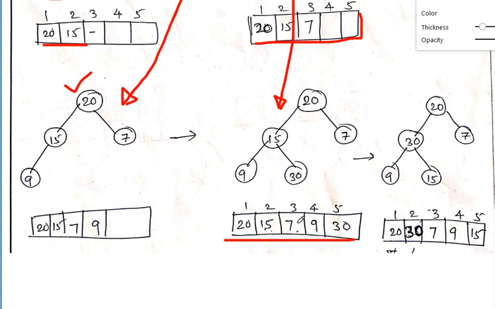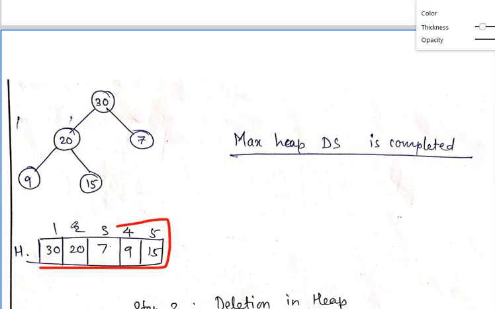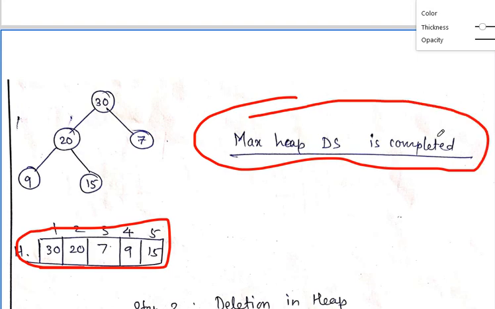First we swap it with 15, because its parent is 15, which is less than 30. After this first swapping, we swap this 30 with 20. At last we can check the elements after this swapping, because we need to get the max heap.